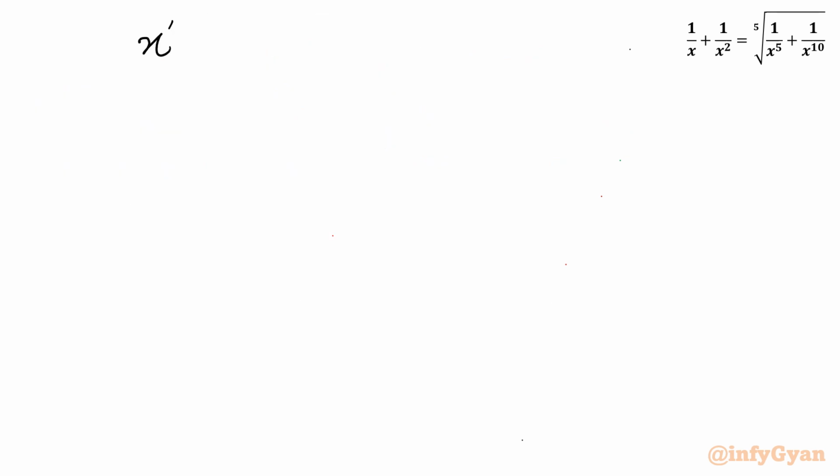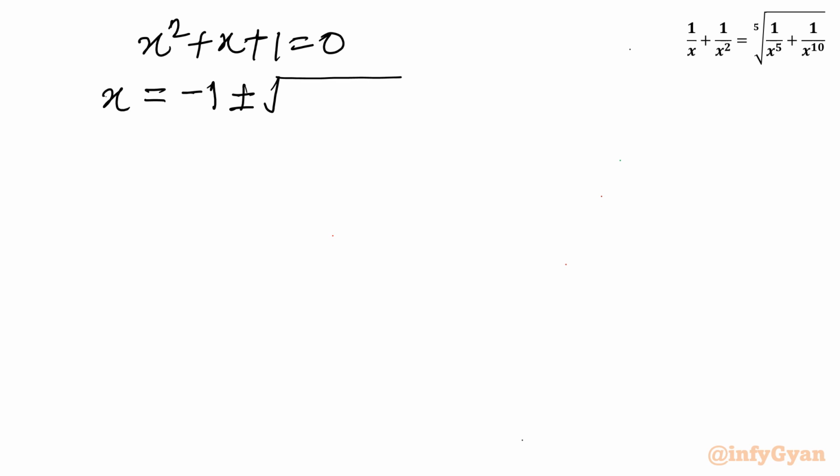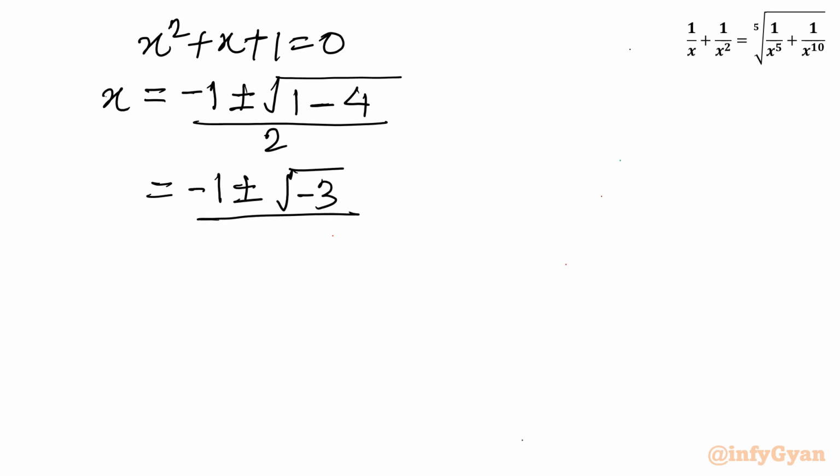Let me solve here. x square plus x plus 1 equal to 0. Using the Shridharacharya formula: minus b, minus 1, plus minus under the root b square, so 1 square, minus 4ac, so minus 4, divided by 2a, so 2. So we can write minus 1 plus minus, this will give you square root of negative 3, over 2.